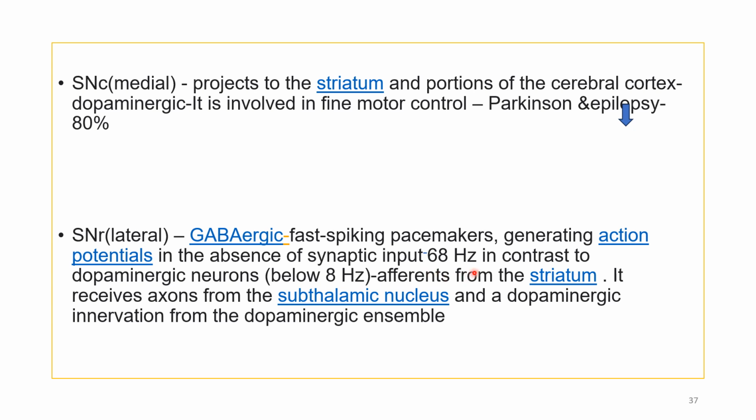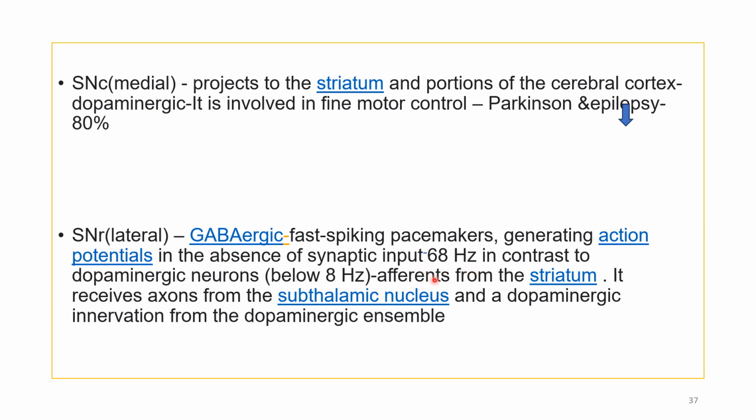It will generate 68 hertz, in contrast to the dopaminergic neurons, which fire below 8 hertz. That is afferents to the striatum. So you know that substantia nigra pars reticularis fires at the level of 68 hertz.